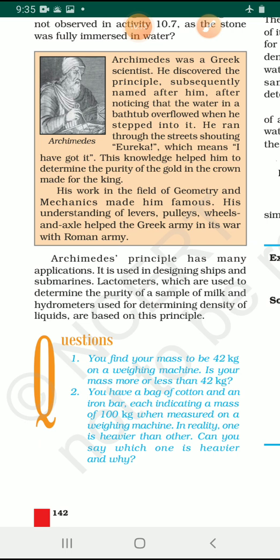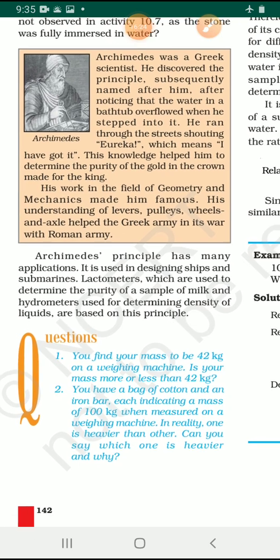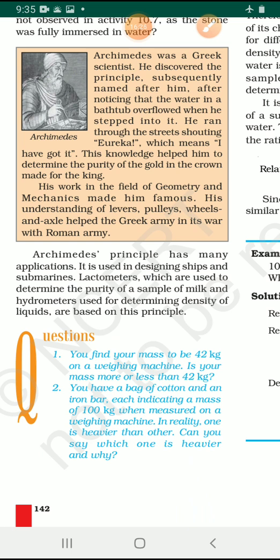The Archimedes principle says that when an object is immersed fully or partially in a liquid, whether it is water or another liquid which flows, the principle has many applications, meaning many uses.